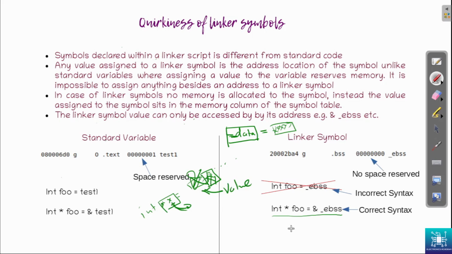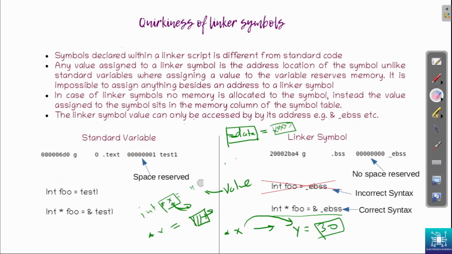So say I have a variable called y, and y has a value of 30, and x is a pointer to this variable. So it will have the memory location of y, which is holding a value of 30. Here, in the case of the linker, it is something like a pointer variable, but it does not point to any location which holds a value. It just points to a location. That's all. Okay, so I hope I've been able to explain this.